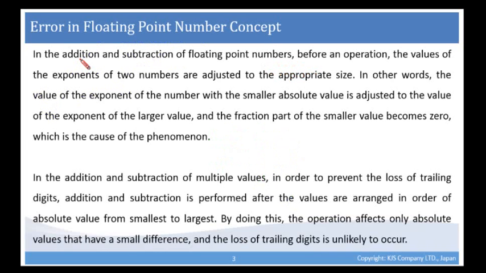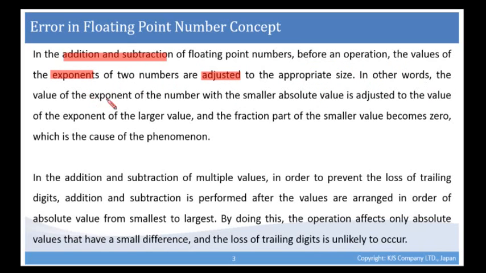So here we're looking at some of the errors caused in floating point numbers and which of these describes the phenomenon mentioned on the previous slide. In the addition and subtraction of floating point numbers, before the operation occurs, the values of the exponents of the two numbers are adjusted. The exponent was the minus 4 in times 10 to the power of minus 4, the scaling of the decimal place with respect to the significant figures.